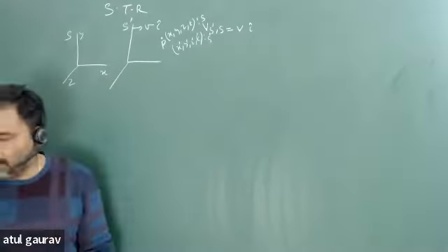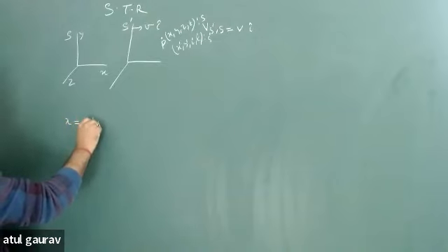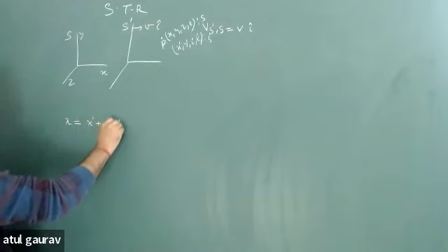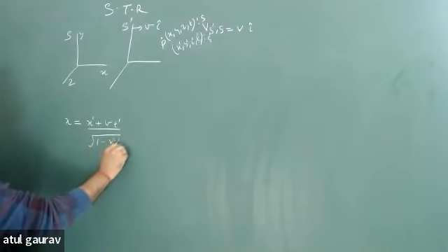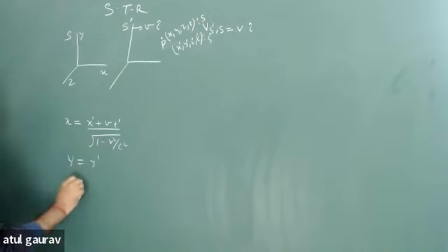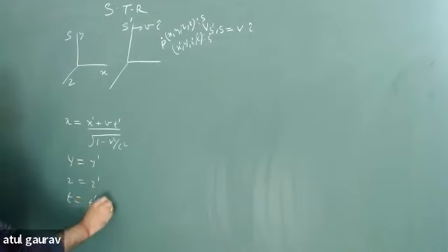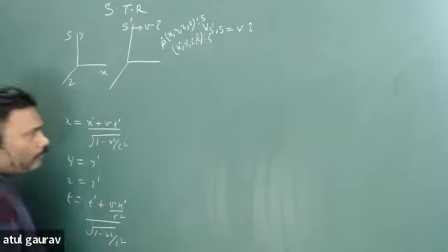And what we have is X is equal to X dash plus V T dash upon root under 1 minus V square upon C square. Y will remain the same, Z will remain the same, and T will be T dash plus V X dash upon C square, upon root under 1 minus V square upon C square.